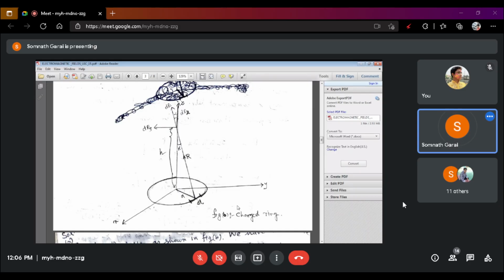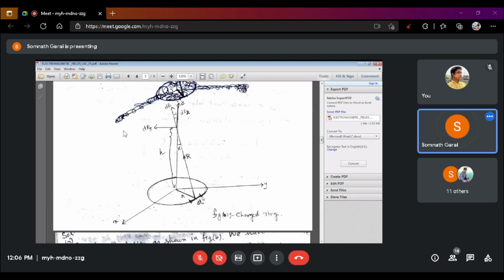So first we take a small differential length dl, and we have to calculate the electric field intensity at the point E with respect to this differential length.